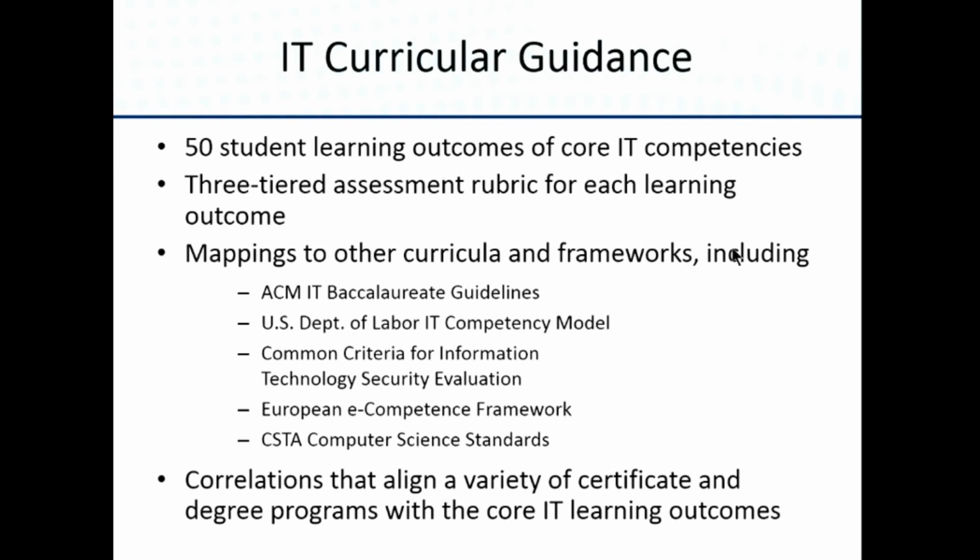It's kind of like an example. If you were wondering how these 50 student learning outcomes would look in a real program, you can go and look at some of these correlations that people have done and see what that looks like. So these are the components of the IT curricular guidance.